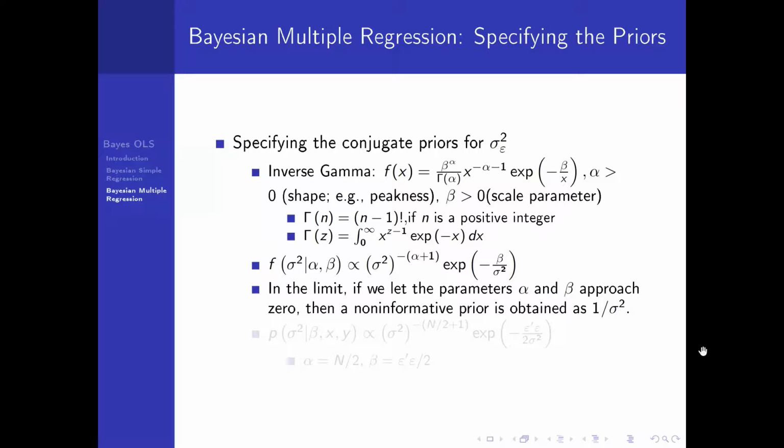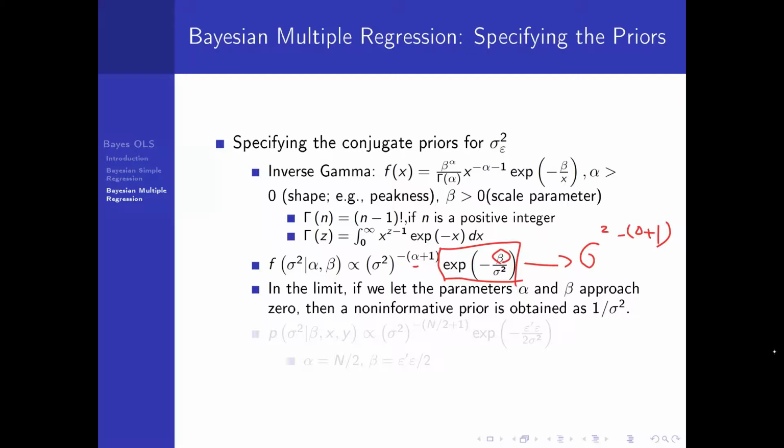Well, in the limit, if we let the parameters alpha and beta approach 0, so if beta is equal to 0, then the exponential term is equal to 1. And if alpha also approaches 0, then this term is going to be sigma square raised to negative 0 plus 1, and the second term becomes 1.